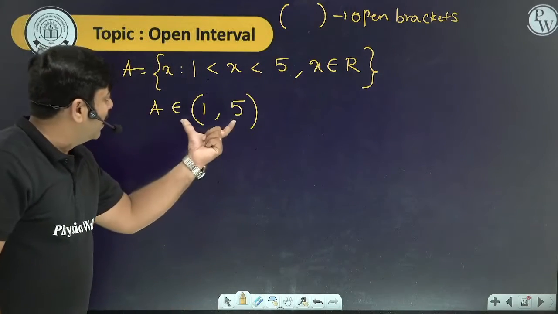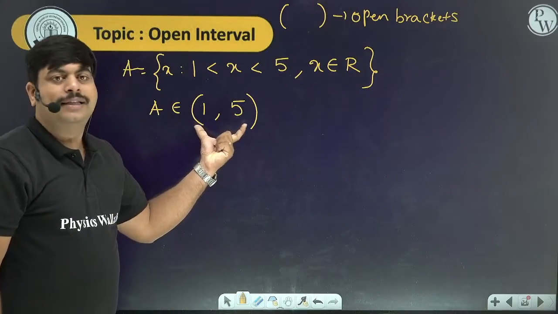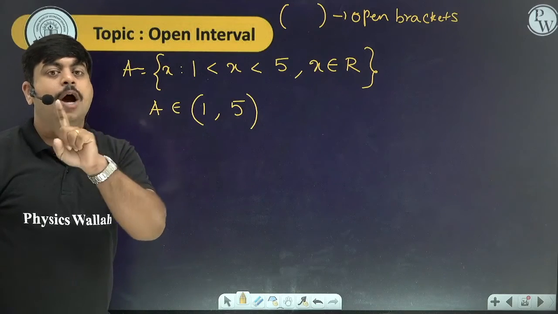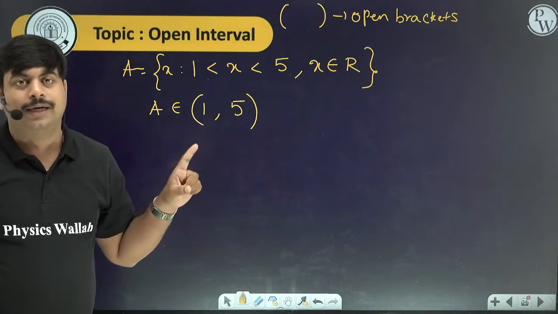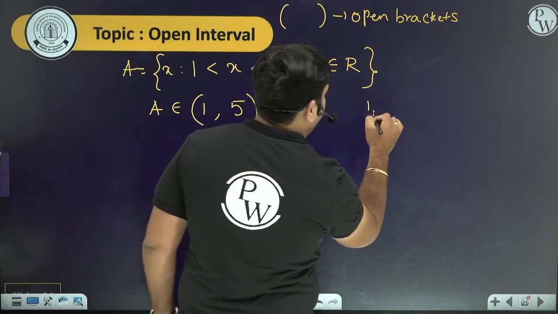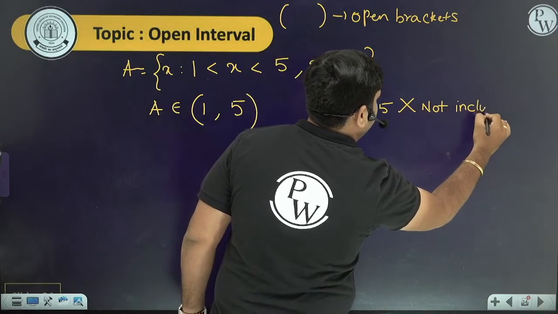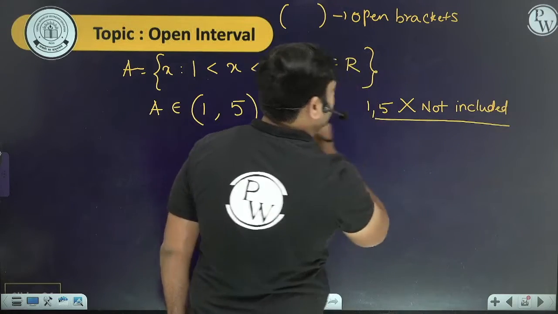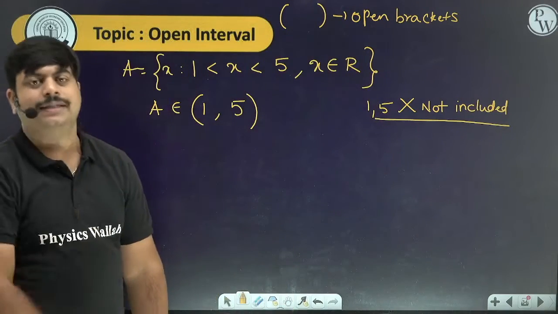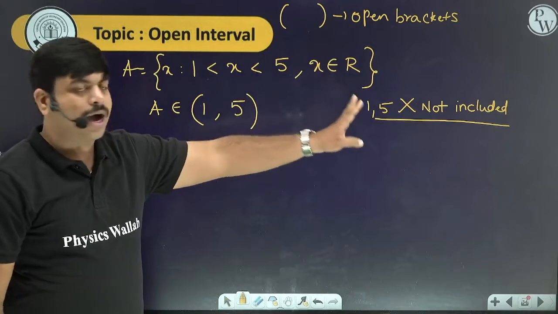So when I write like this (1, 5), that means 1 and 5 both are not included. People, don't get confused. There are 3 or 4 cases inside this. Careful, 1 and 5 are not included.